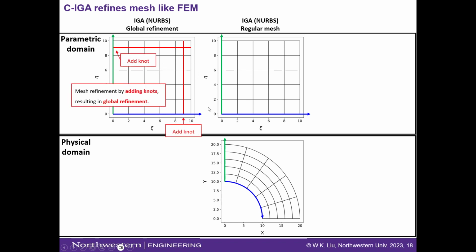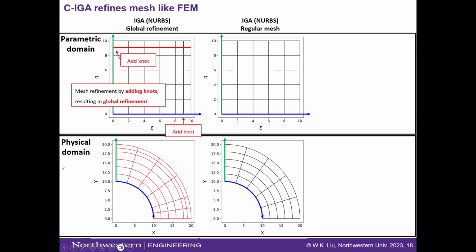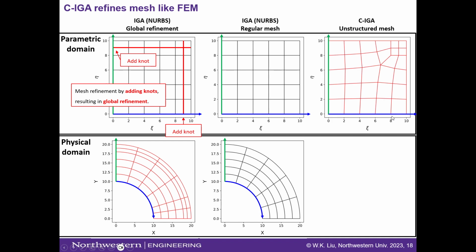The corresponding physical mesh will look like this. So we are actually adding the nodes in the parametric domain, and it results in the global refinement. But if you look into C-IGA, we can actually do the refinement using finite element software, just like standard FEM, because our degrees of freedom are attached to the nodes.